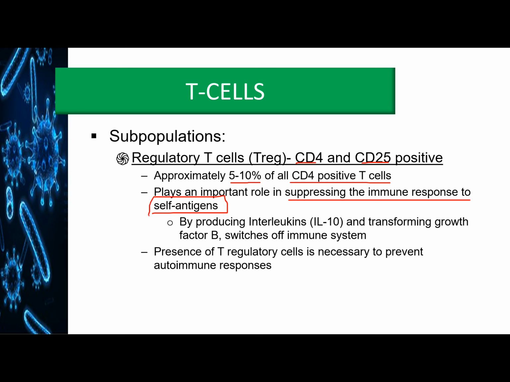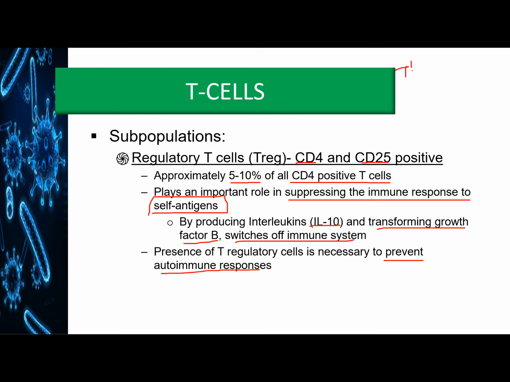Pakitandaan class sa self antigens. Sila yung nagre-regulate against self-antigens. They would produce interleukin-10 and TGF, transforming growth factor B, TGF-B, which switches off the immune system. Presence of T regulatory cells is necessary to prevent autoimmune response.